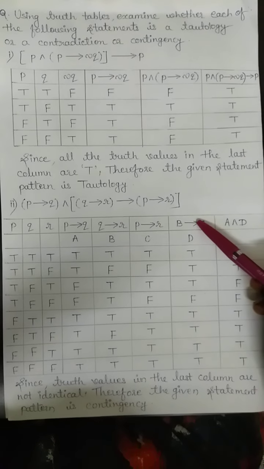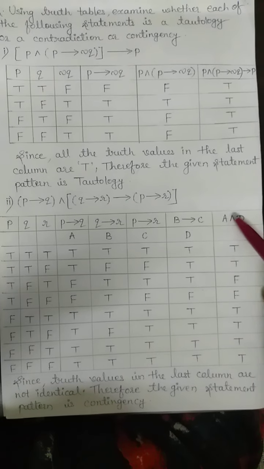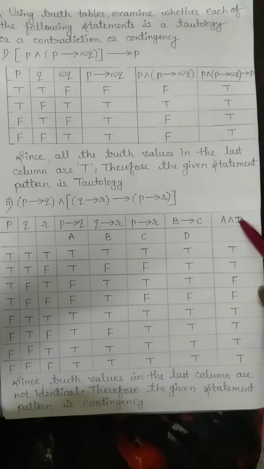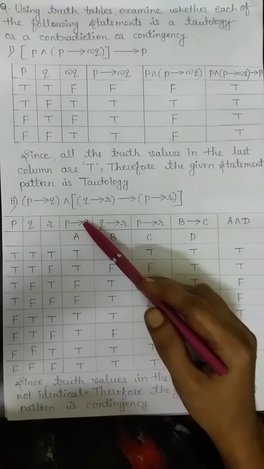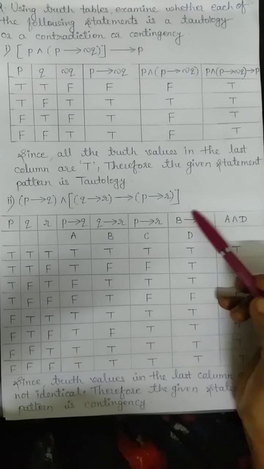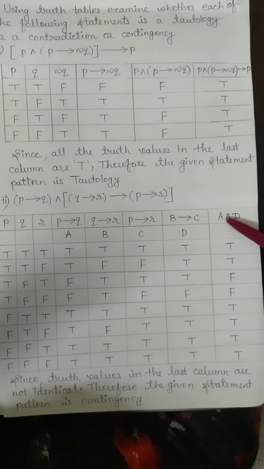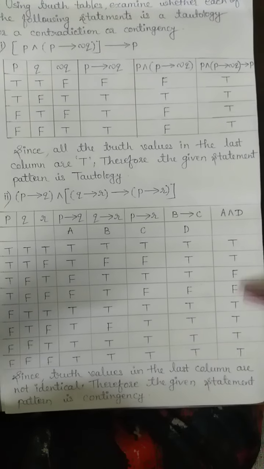Again by using the trick of implies we will get these values, and finally we want A and D, means P implies Q, this is A, and B implies C, that is D. And by using the trick for table of AND we will get these values.